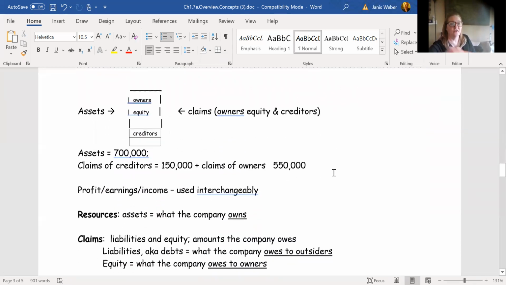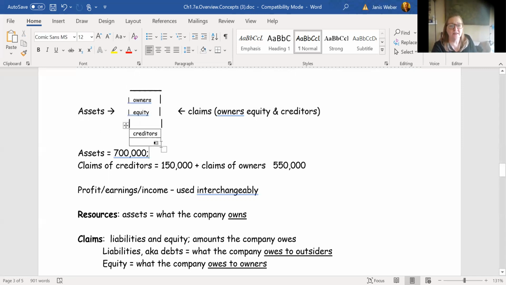All right, so here's another thought I want you to consider. When you think of the fact that assets equals liabilities plus equity, there's a reason for that, because the company has all these assets and there's a claim on the entirety of the assets.